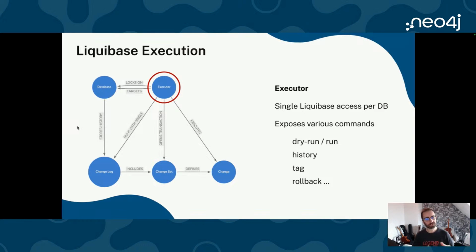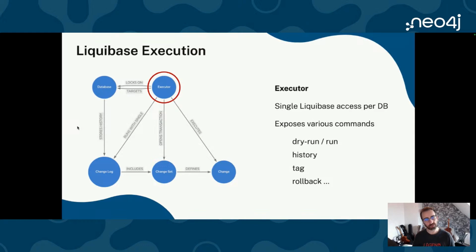I will translate those changes into actual queries to run and execute them. And then the database I've targeted, because you also need to specify a database, right? You need to migrate data somewhere, and that somewhere is specified through the database, will store the history so you don't repeat what has already run. So that's more or less the workflow.